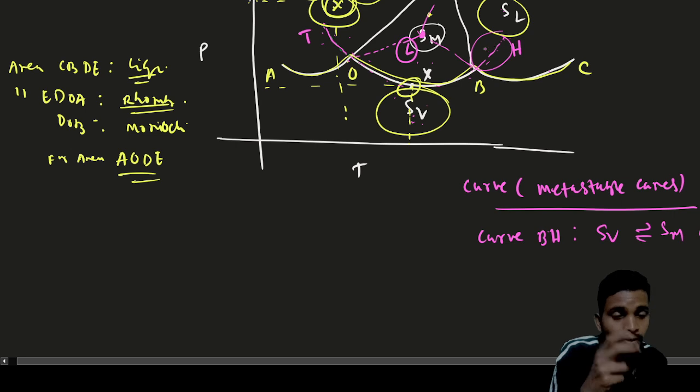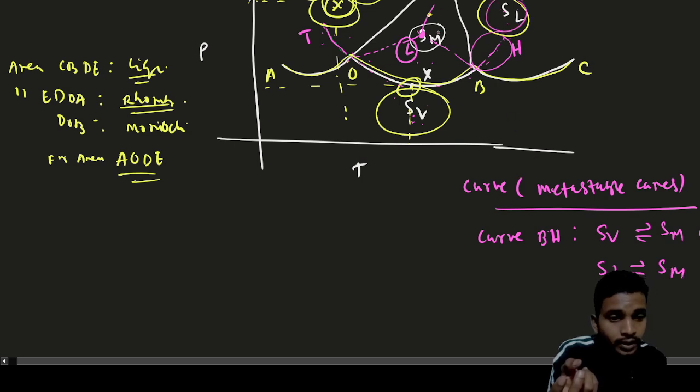If you simply look at it, BH should be, one side is liquid and another is SM. Then you may think that SL is in equilibrium with SM, because one side is liquid and another is SM, but this is wrong, because this curve comes after extending this OB. So whatever OB equilibrium is there, the same will come from BH also. So BH is SB by SM.